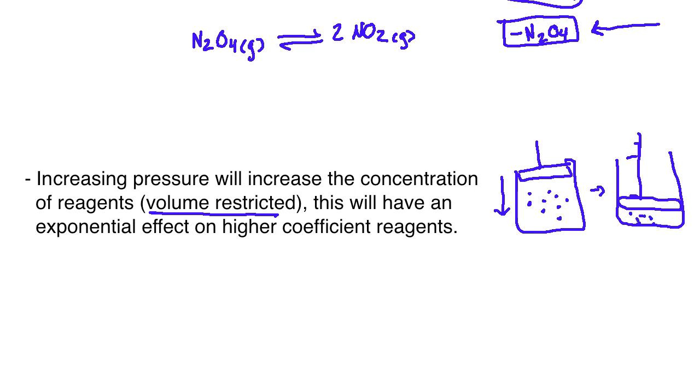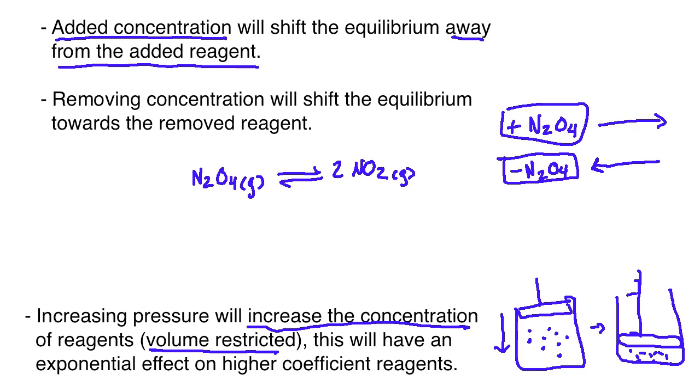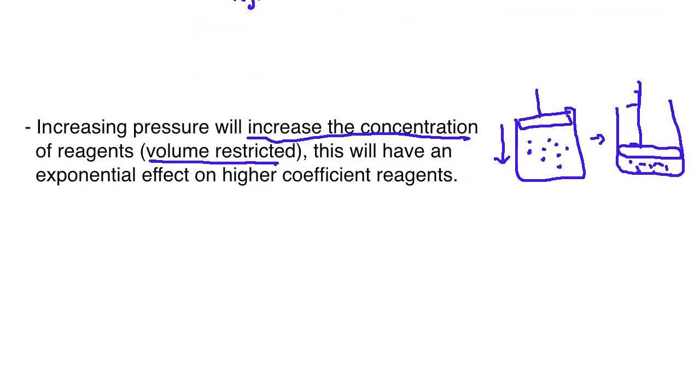Now all of a sudden there's a lot less volume to hold all of these reactants and products. And so what I'm effectively doing is I'm increasing the concentration, right? Because there's less volume for them to occupy at that point. So if I increase concentration, meaning I've added concentration, it will shift away from the added reagent. Well, if it's all a 1-to-1 ratio, that's fine. It's really just that everything has become more concentrated and it equals out. But that's not always going to be the case.